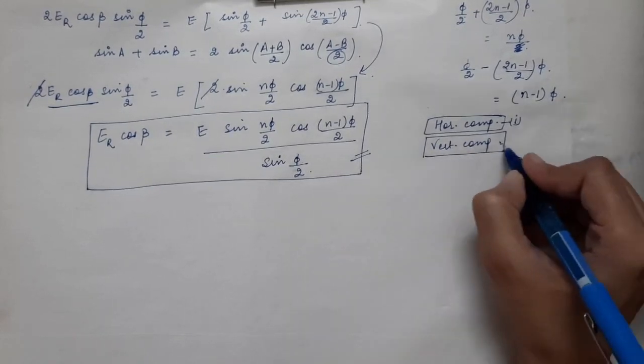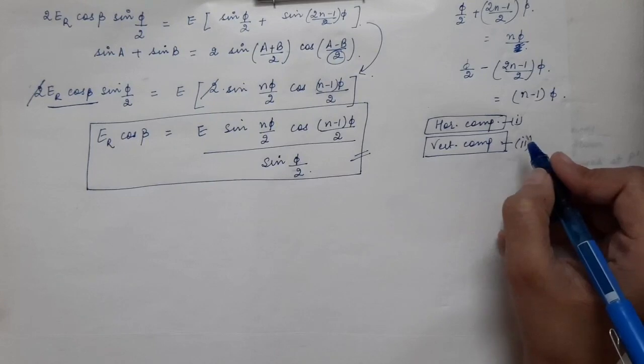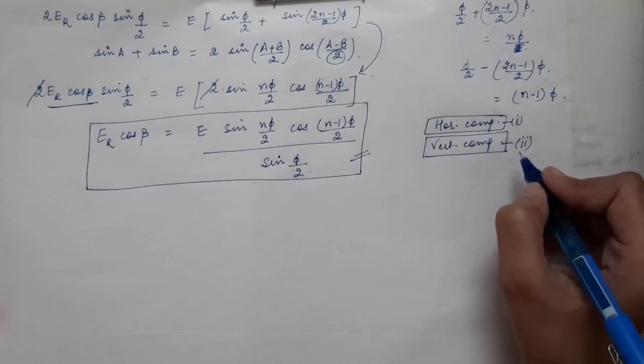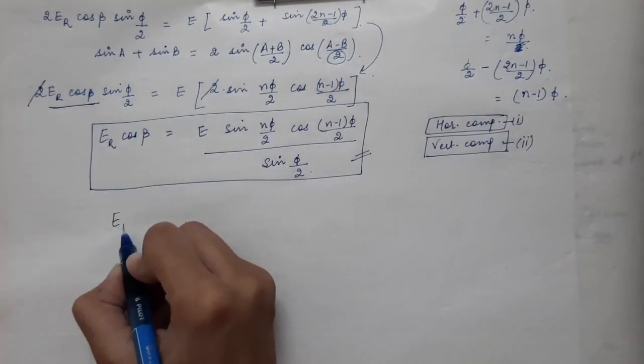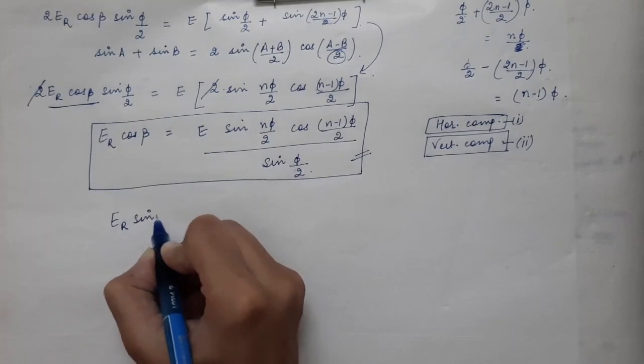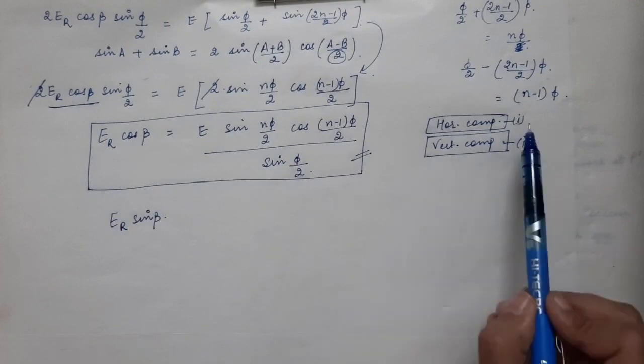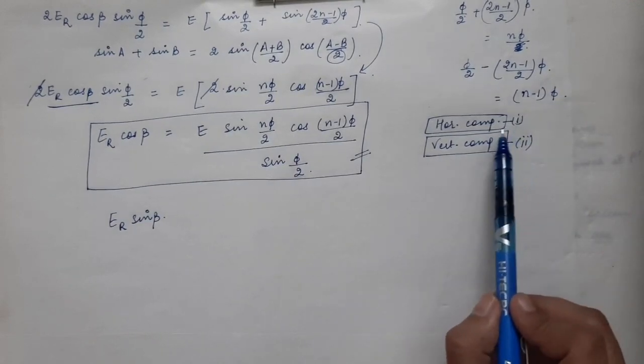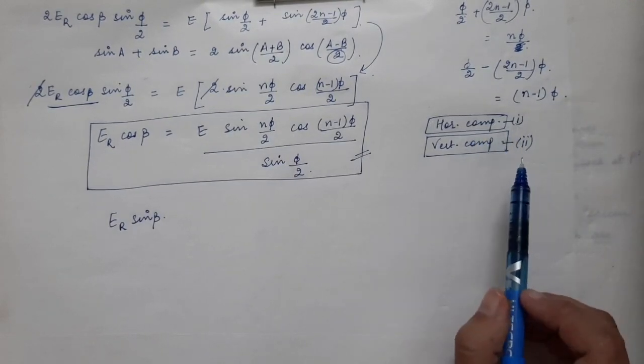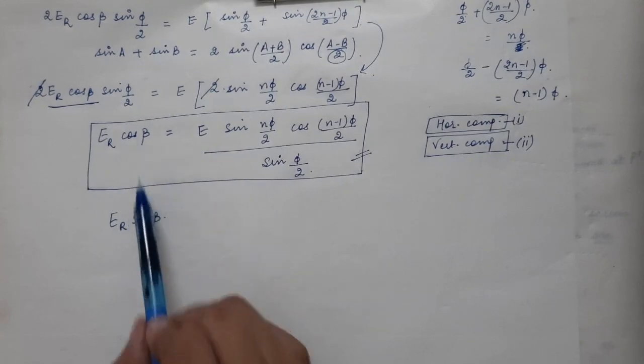Using the same steps on the second equation, we will get the formula for E_R sin beta. So here we have got the formula for E_R cos beta using the first equation, and using similar steps we can find the formula of E_R sin beta.